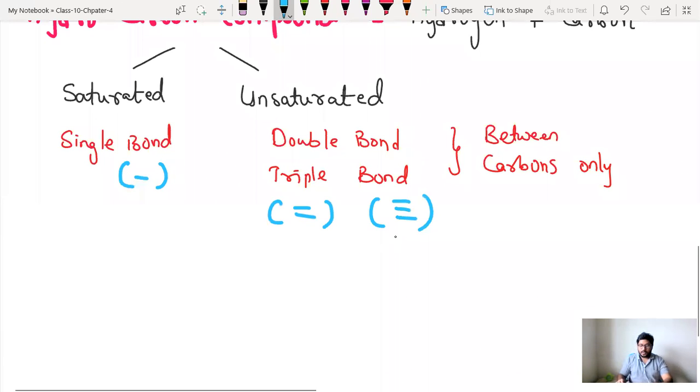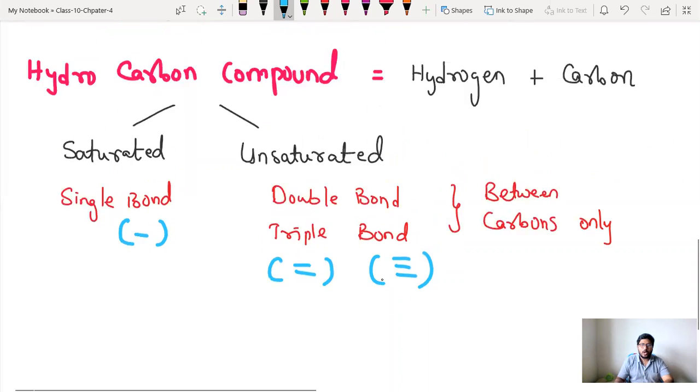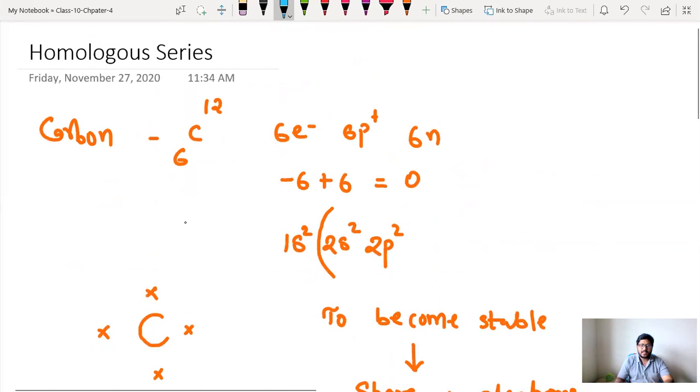Next. Today's topic is homologous series. You are familiar with the words homo, series, etc. What is meant by homo in biology? What we can learn? Identical, nothing but homo. In chemistry in 9th class also we have homogeneous and heterogeneous mixtures.